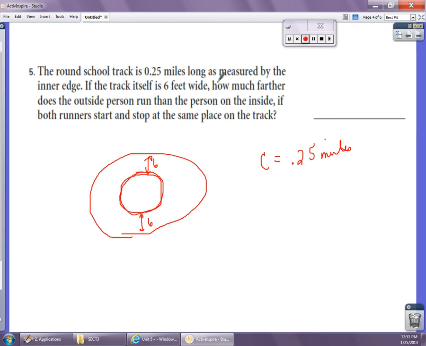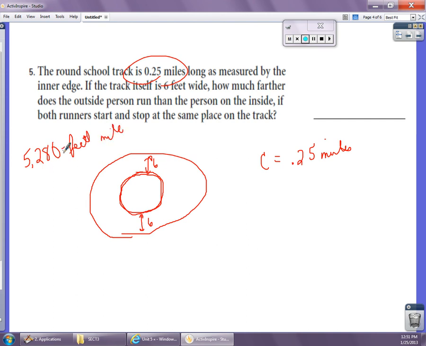And then it says how much farther does the person that would be running on the outside run than the person on the inside. So we already know the distance this person runs. The issue that we're having is that this is in miles, and we need it to be in feet. Well, 5,280 feet are in 1 mile.